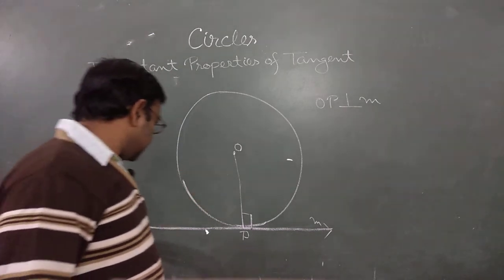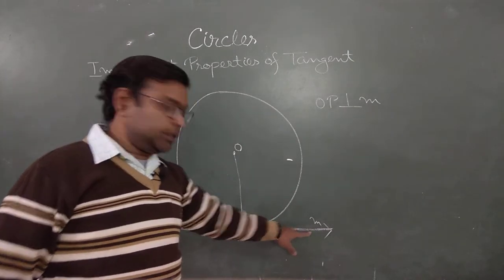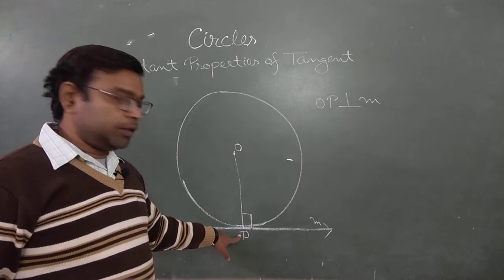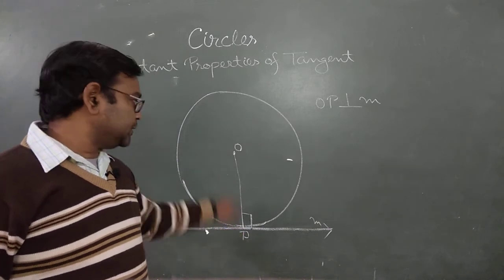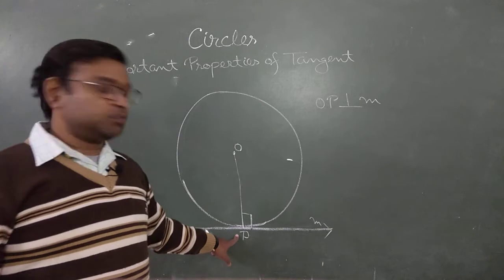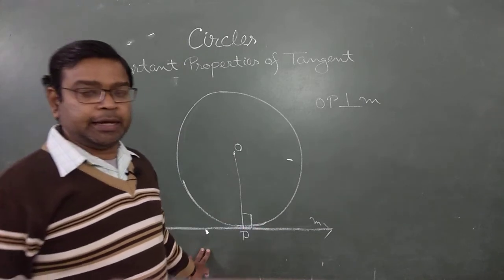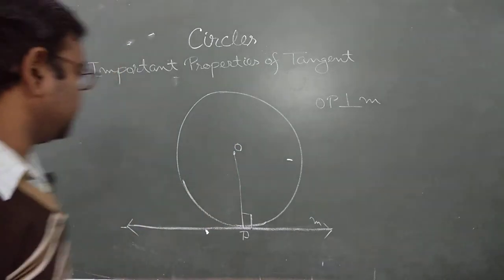If a line M is a tangent which touches a circle at point P, then the radius at point P, that is your OP, is always perpendicular to the tangent M. Hope this is clear to you.